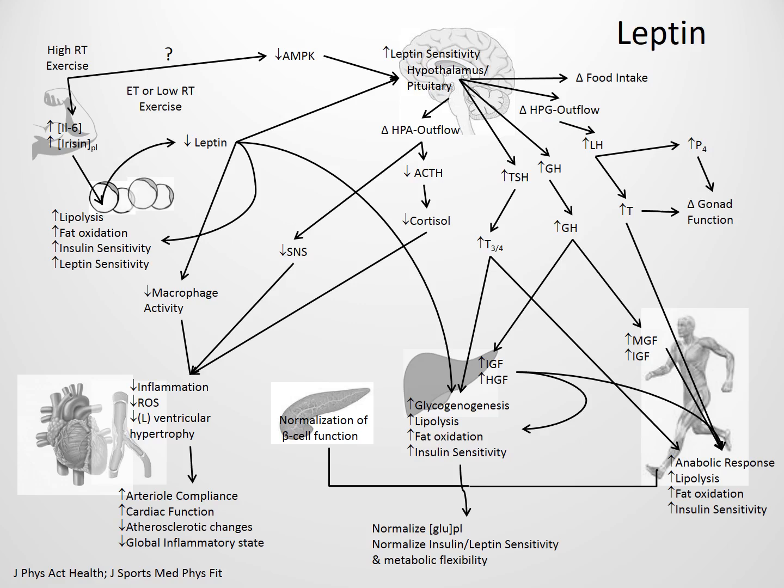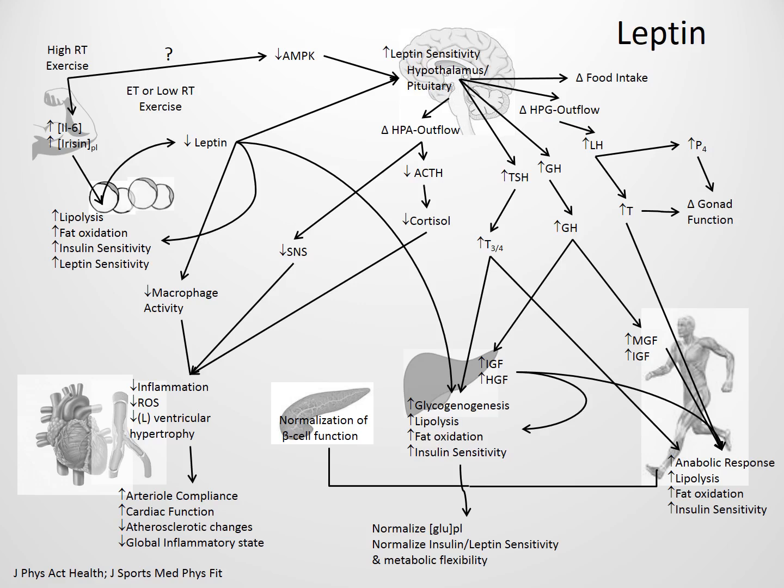Leptin also heads to the hypothalamus and pituitary and it changes the stress response. We get a diminishment of the sympathetic nervous system. We get a diminishment of cortisol. We also get a reduction in macrophage activity. All of that causes a change in the immune response, leading to a change in cardiovascular function and an increase of work capacity.